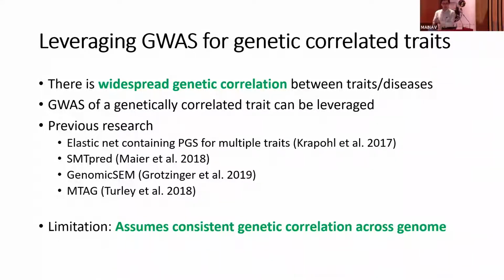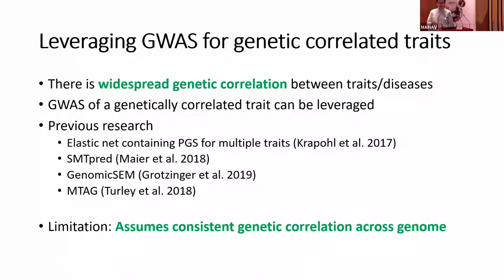One was published by Krapohl et al., using an elastic net model to model polygenic scores for GWAS with a genetic correlation with the target phenotype, and that showed improved prediction. And then there are other methods such as SMTpred, genomic SEM, and MTAG, which combine GWAS summary statistics for correlated phenotypes and then calculate polygenic scores from those multivariate summary statistics.